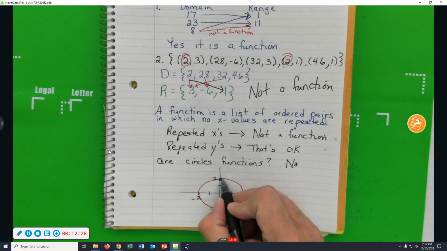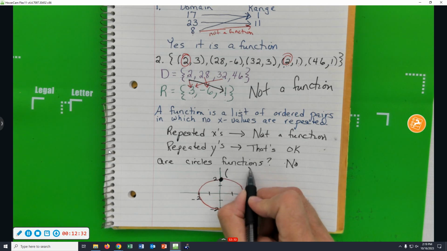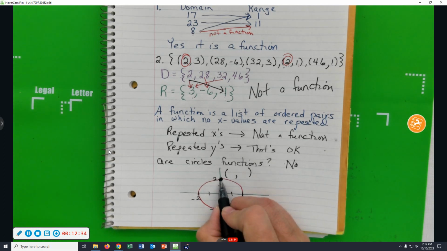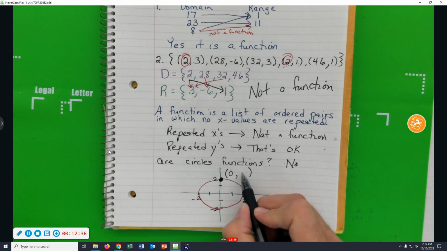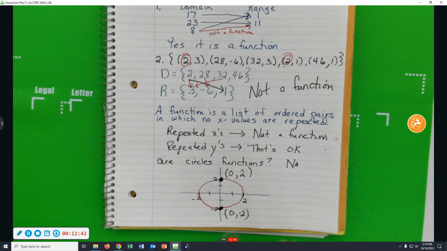If I look right here at this point, could y'all write out that ordered pair? What would it be? It'd be 0, 2. And what about right here? 0, negative 2. See, here's 2 ordered pairs with the same x value.